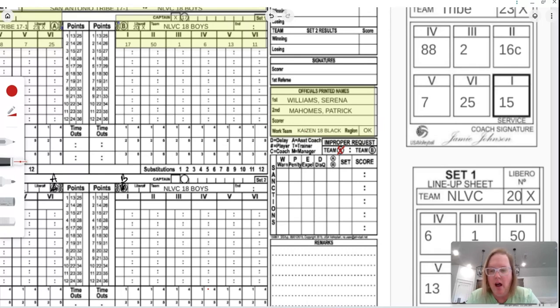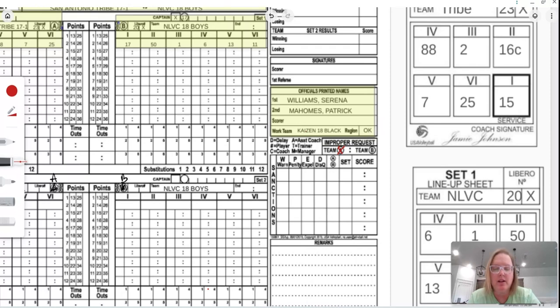And then later on, if a team gets another improper request, we're going to upgrade that to a team delay warning. And then any other improper requests after that will go into a penalty point for each improper request or delay. So that is it for the beginnings of sanction boxes and what all of this means.